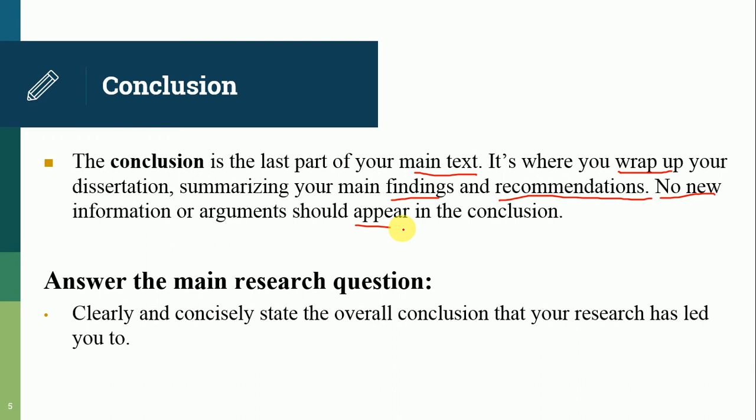While you are writing the conclusion, you should answer the following: how you answered the research questions. First, clearly and concisely state the overall conclusion that your research has led to. Remember, students, the conclusion is written clearly, concisely, and shortly, in a few words.